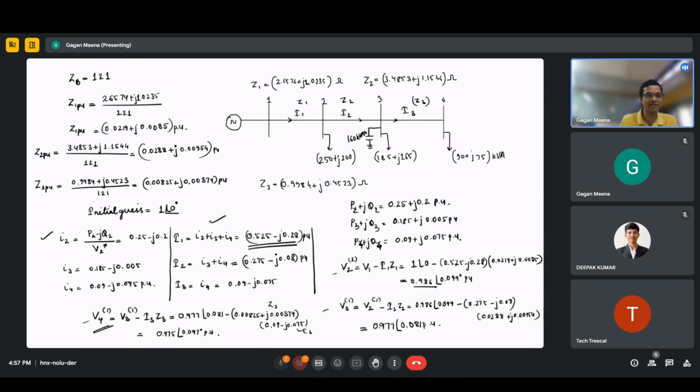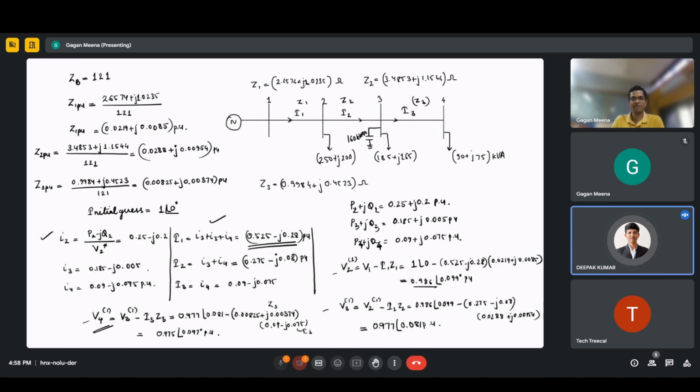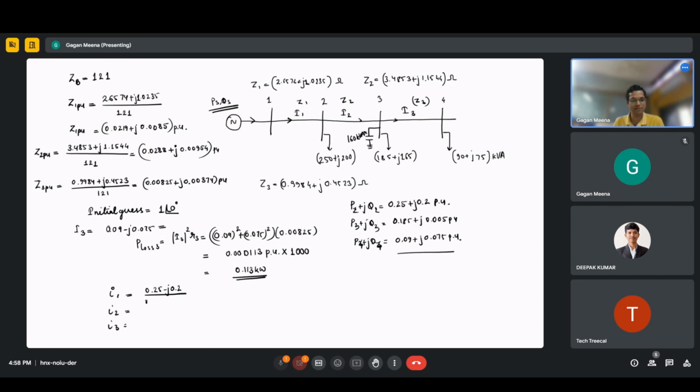Because here you assumed voltage as 1 per unit for calculating I1, I2, I3. That voltage is 1 angle 0, but we have already calculated the new voltages. So we have to use these voltages to calculate the currents. First we have to calculate the new load current, then the branch current. Yes. So this is 0.986 angle.